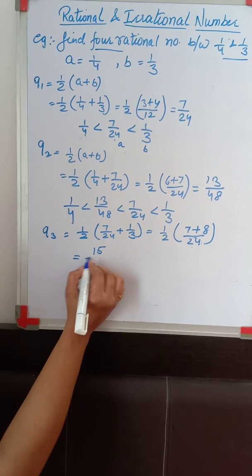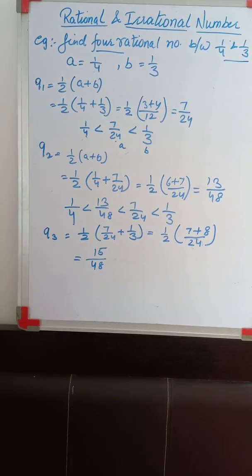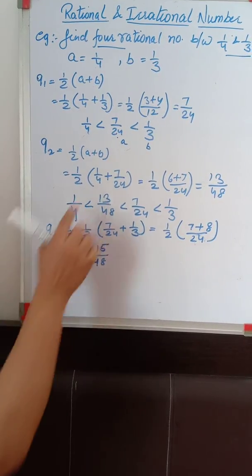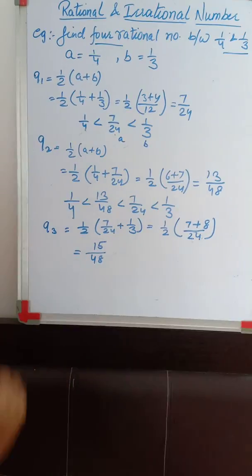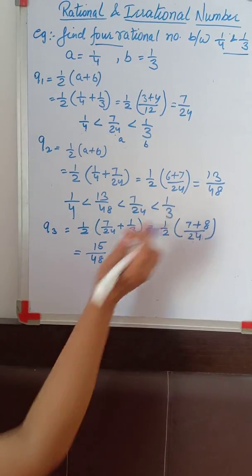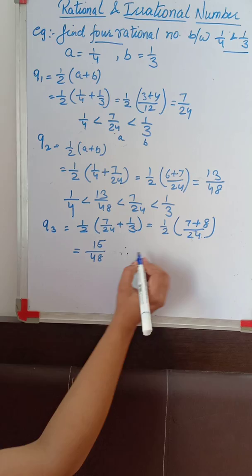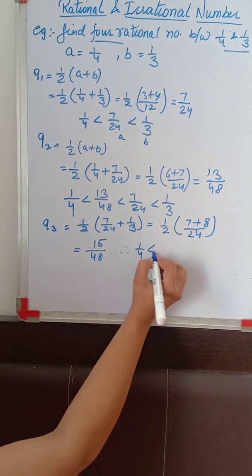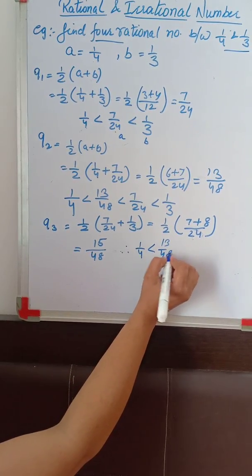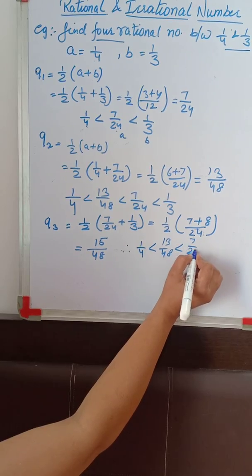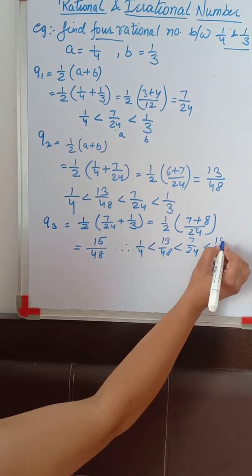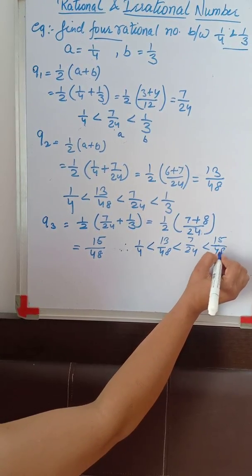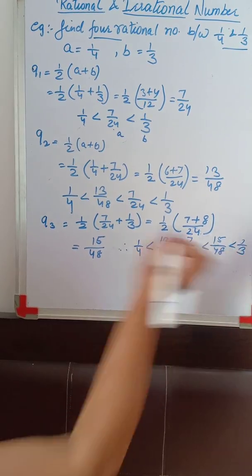So it will become 15 upon 48. So Q3 is what? It is the number in between 7 upon 24 and 1 upon 3 over here, right? So the sequence has become 1 upon 4, 13 upon 48, 7 upon 24, then 15 upon 48, and then 1 upon 3, right?